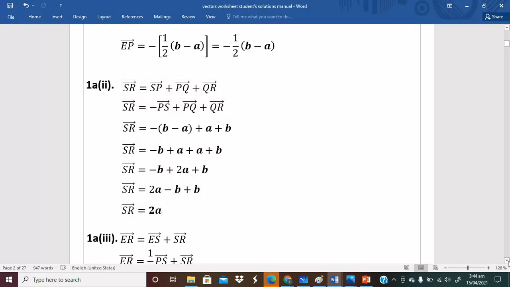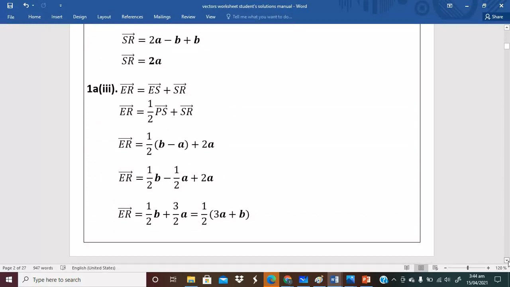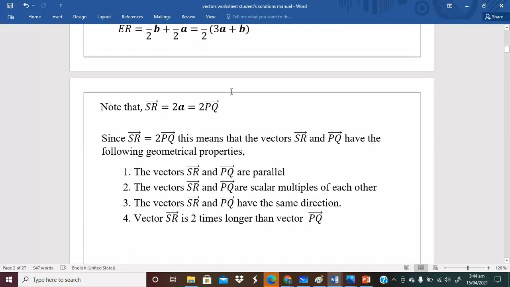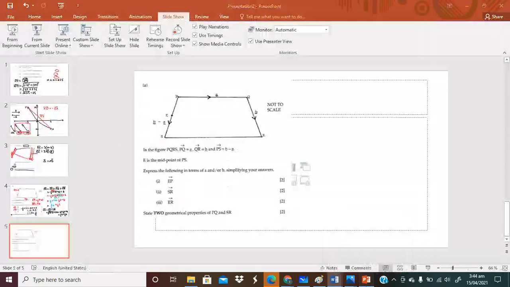And we also saw that ER was a half B plus 3 over 2A. Now we're considering the last question, which tells us to state two geometrical properties of PQ and SR.